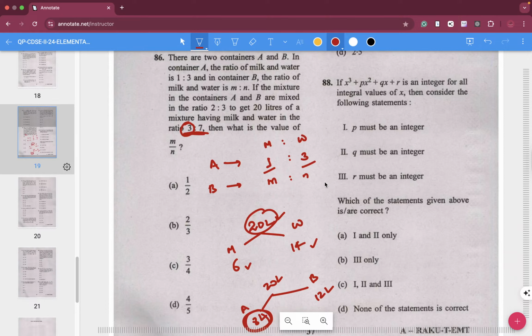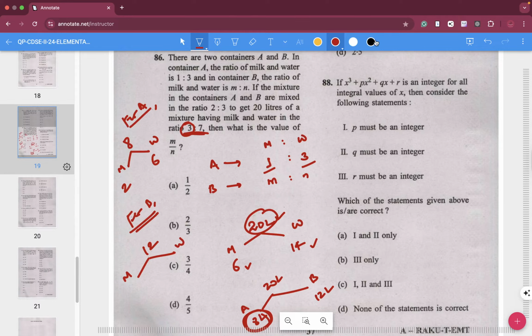So in A, out of those 8 for A only, milk is how much? 1 is to 3, so over here it will be 2 and over here it will be 6. Now for B, out of 12 liters, how much is the milk and how much is the water?